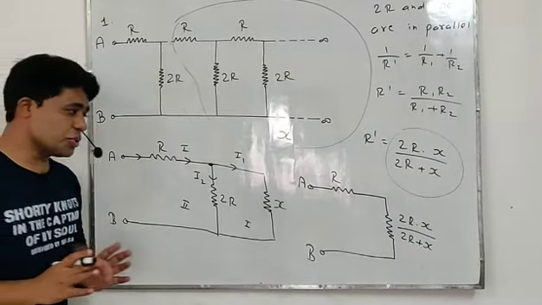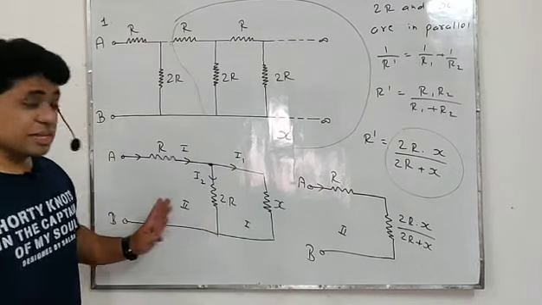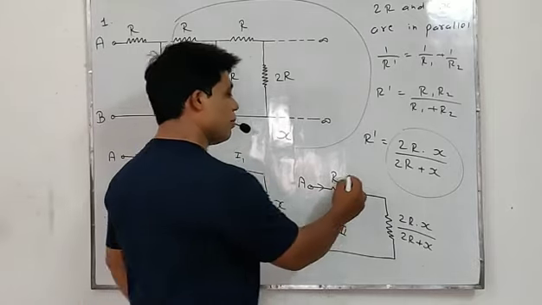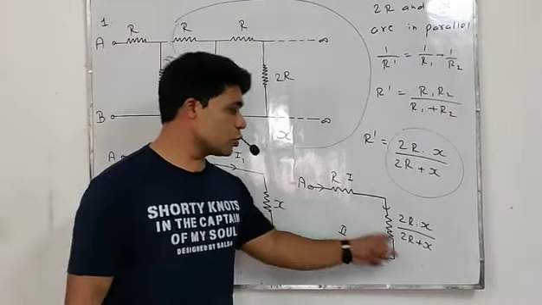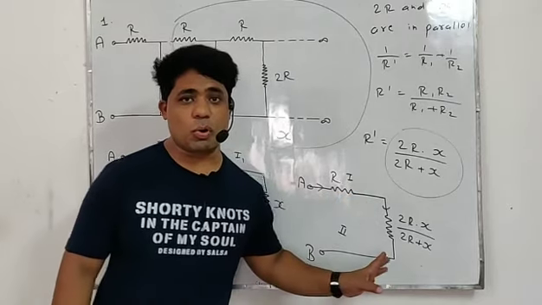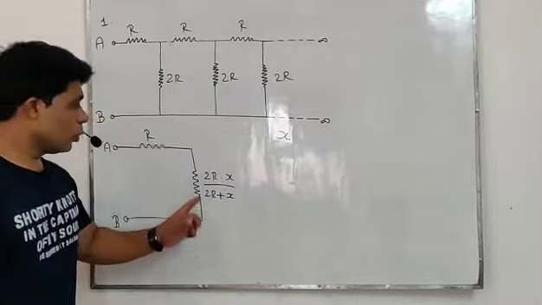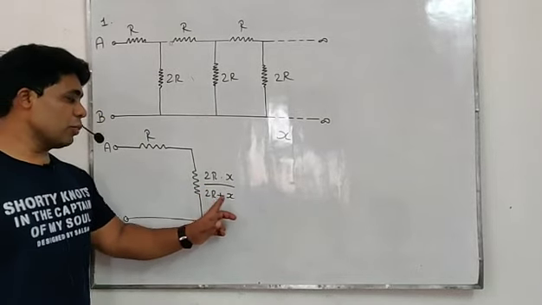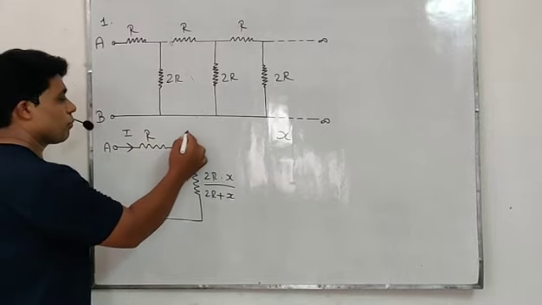Okay, now students, when we flow the current, this is our second circuit, that was the first and that was the second circuit. The same current will flow in both resistors, so both should be in series combination. Now students, 2R into X upon 2R plus X and R both have the same current.